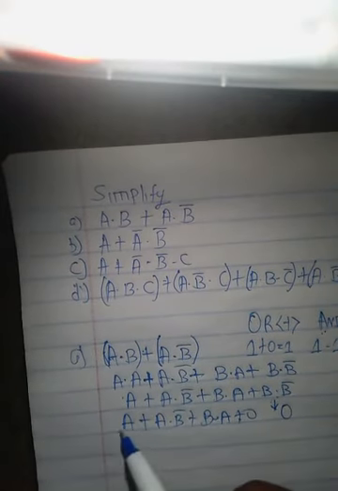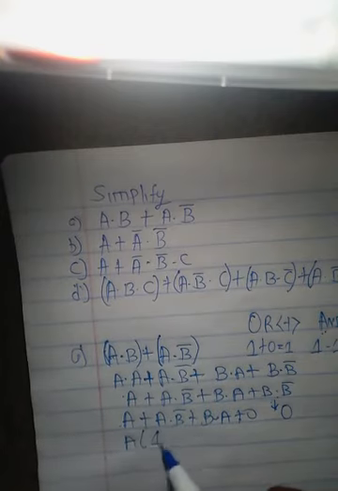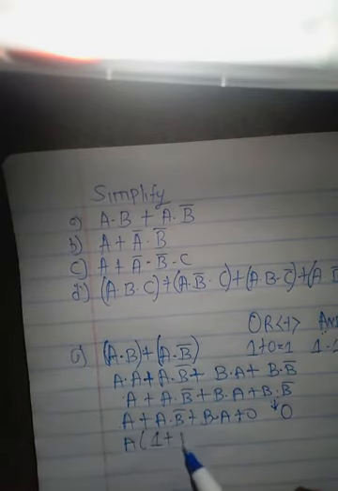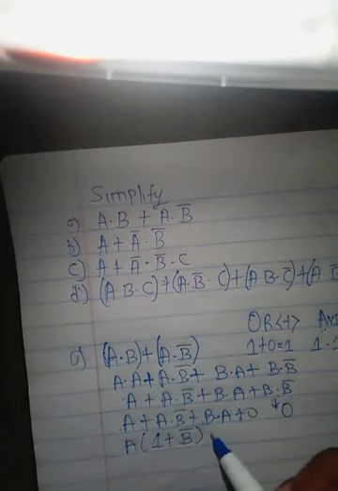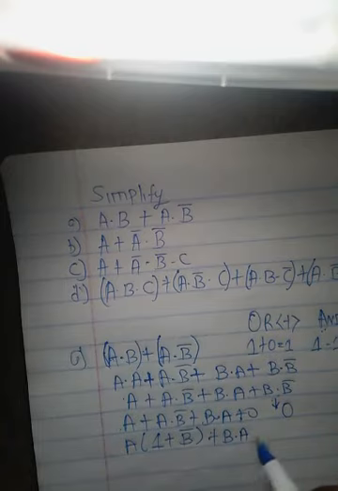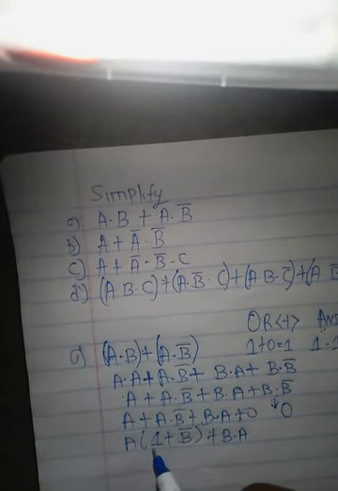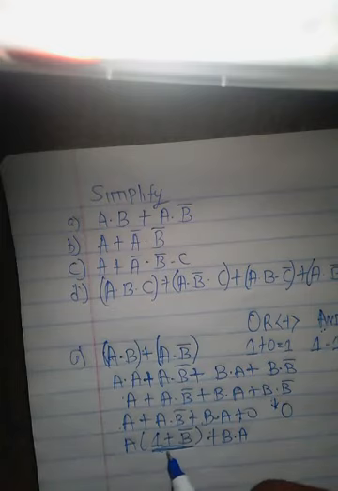From here I can factorize A out. I have A times (1 plus B bar) plus B dot A. There's a law that says 1 plus a variable, or the inverse of that variable, gives you 1.